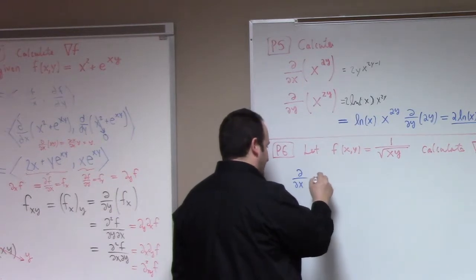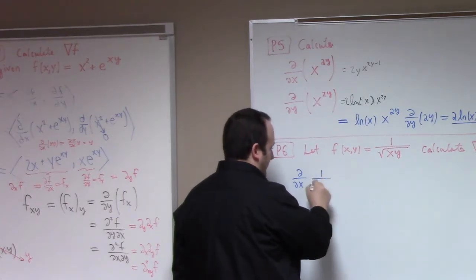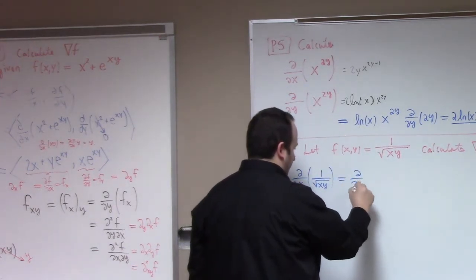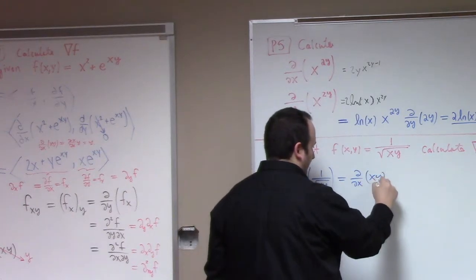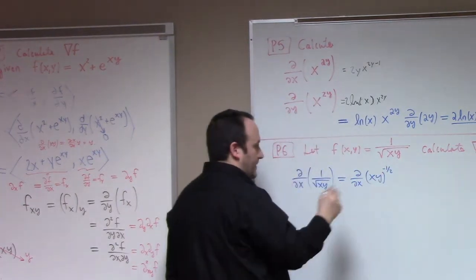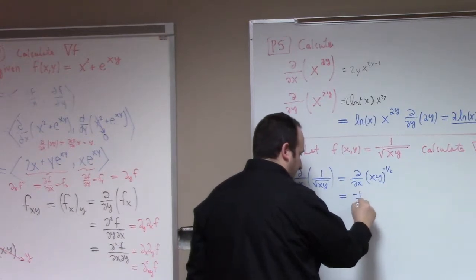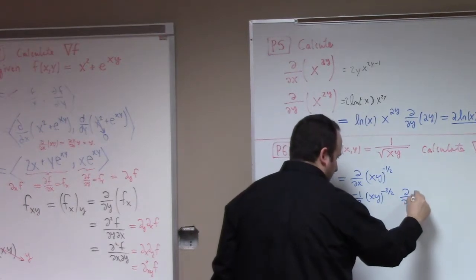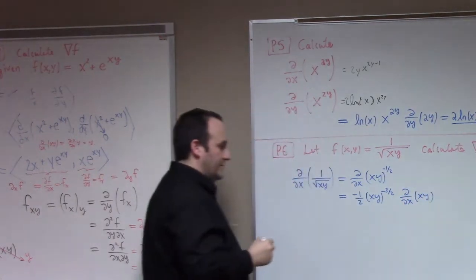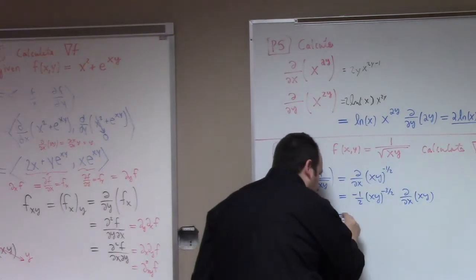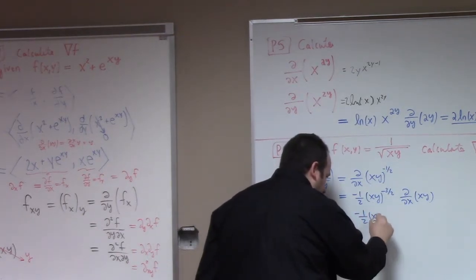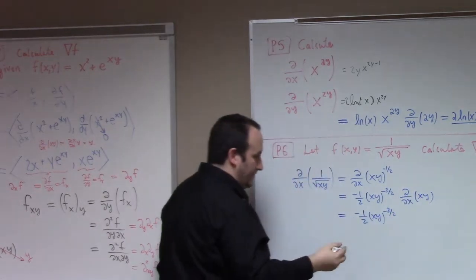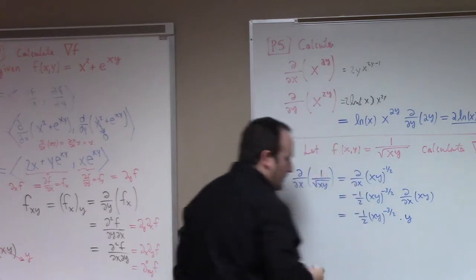So this is 1 over the square root of xy. Let's rewrite that like this. This is partial x of xy to the what? To the minus 1/2, right? And so by the chain rule, that is minus 1/2 xy to the minus 3/2 partial x of xy, which is minus 1/2 xy to the minus 3/2, and this differentiates to y.